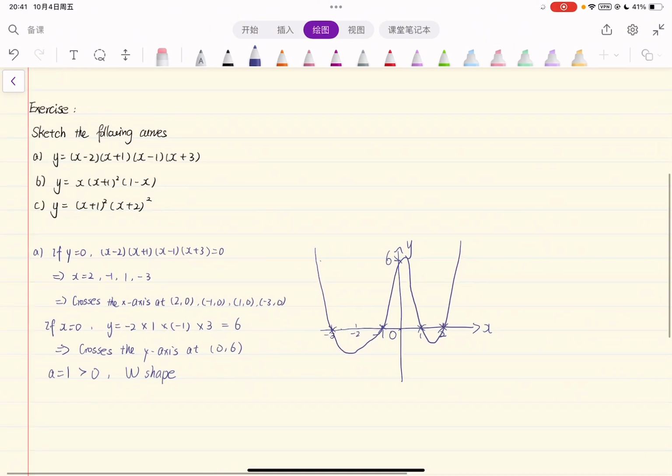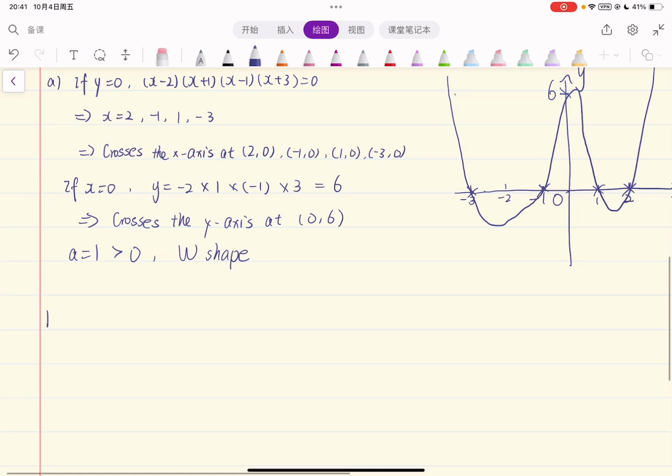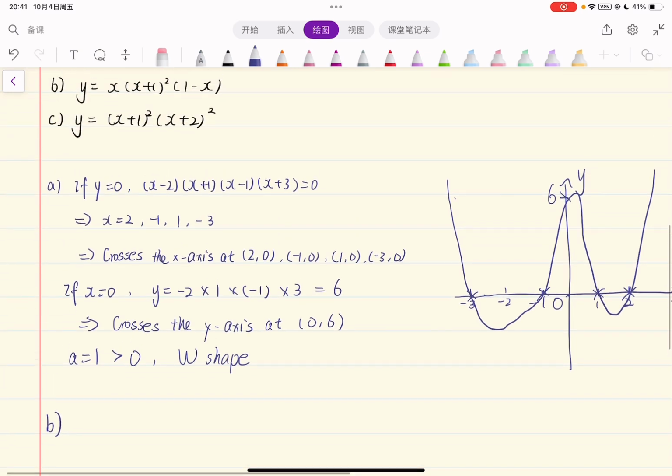Now let's move on to the part B question. For part B, we have y equals x times (x plus 1) squared times (1 minus x).